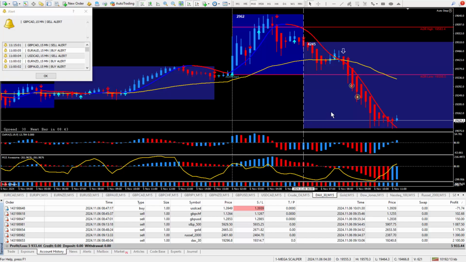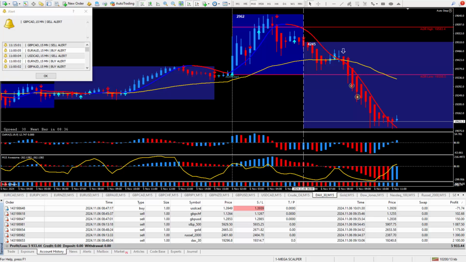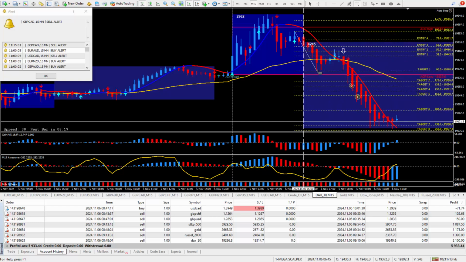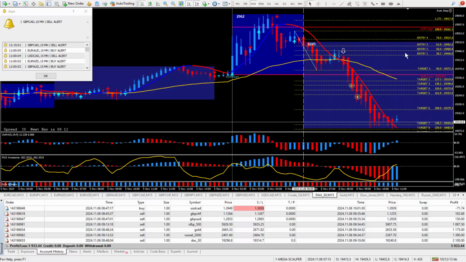And don't forget about the daily trade plan, and don't forget about the FibMaster tool. Can show you that fib tool one more time. You would click on the tab right here. You go from a swing high, the first one, not the second one, to the swing low. There's your pullback. It hit entry number 2 right here.